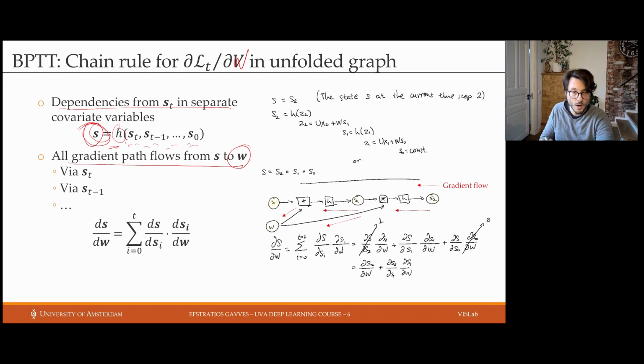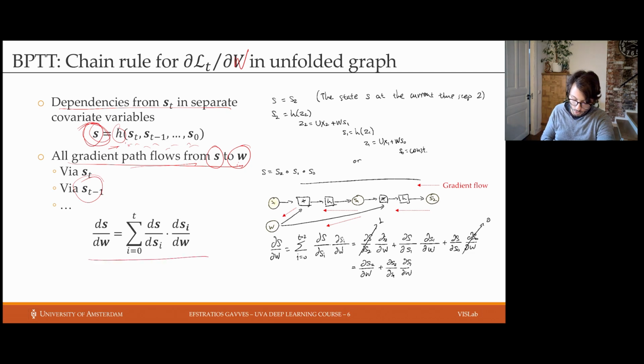So there exists one gradient path flow for every connection of the output and our variable of interest W. If there is a path via ST, we count it. If there is one more path through ST minus 1, we also count it, and so forth.